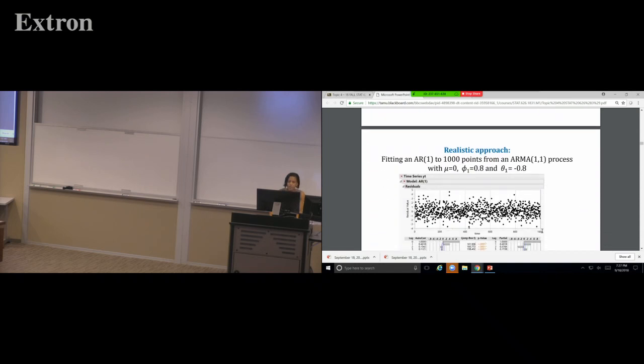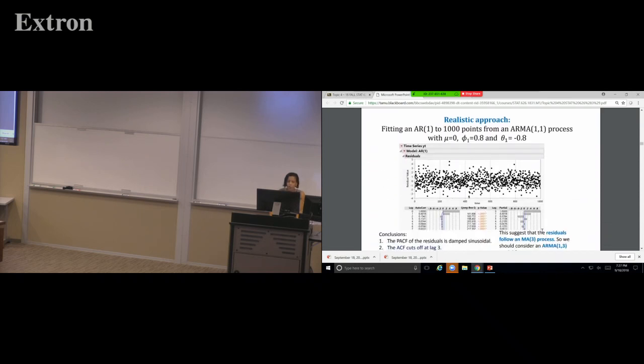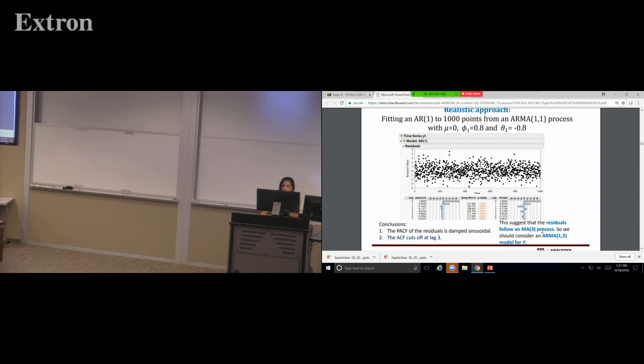If we examine the residuals from fitting that AR1 model to the Y of t's, what do we end up with? Well, the autocorrelation seems to cut off at lag 3, and the partial autocorrelation function seems to be damped sinusoidal.